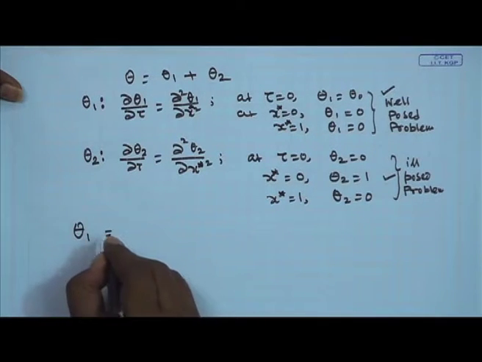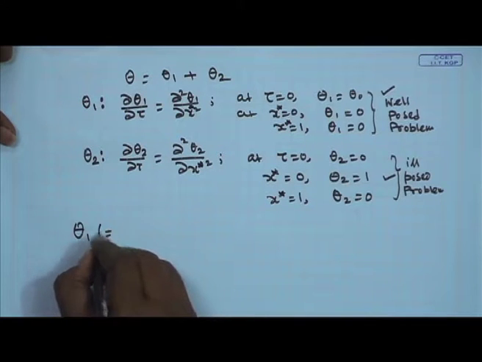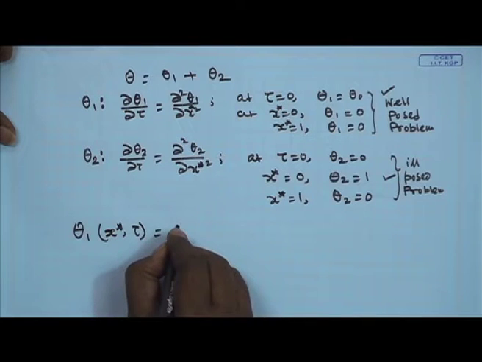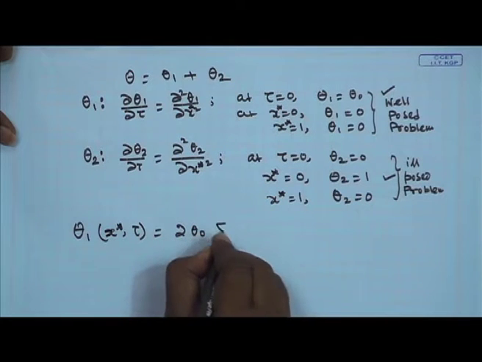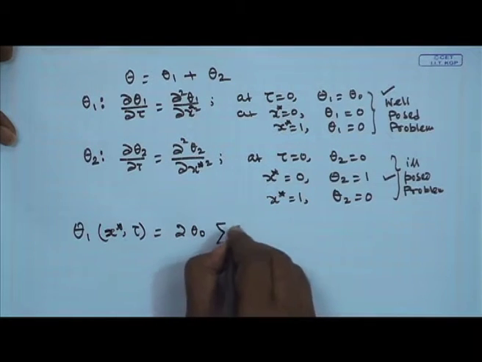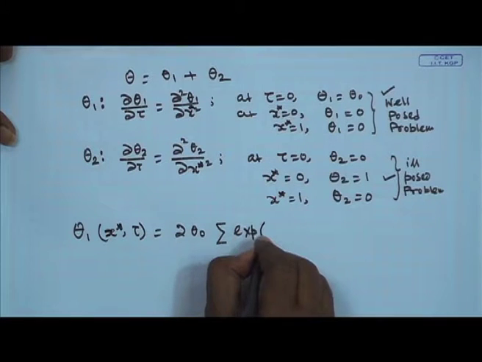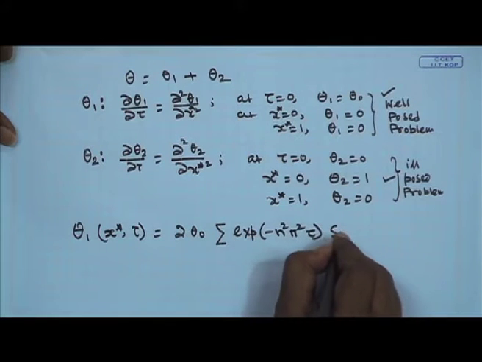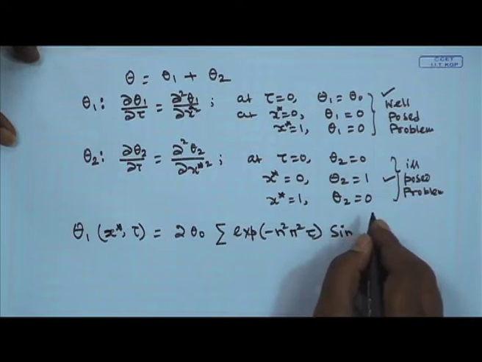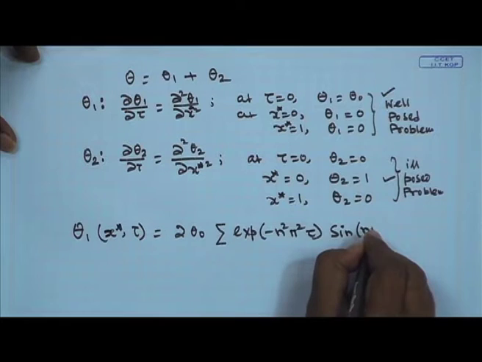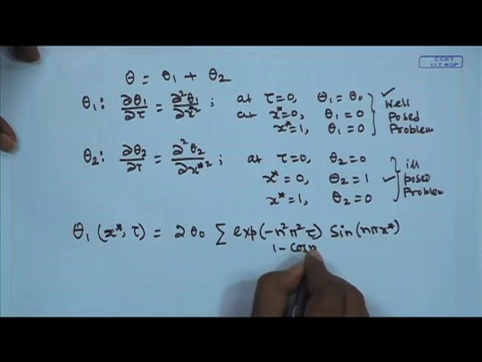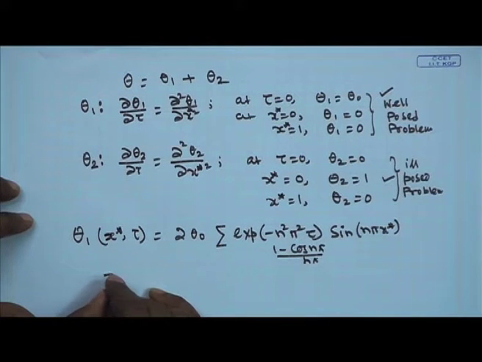So theta 1 of x star, tau will be 2 theta naught summation of exponential minus n square pi square tau and sine n pi x star multiplied by (1 minus cosine n pi) by n pi. So I write down the solution quite neatly.